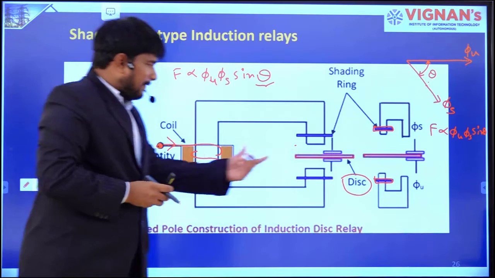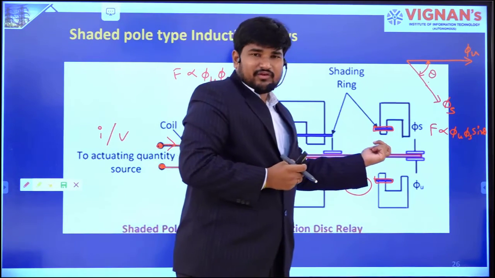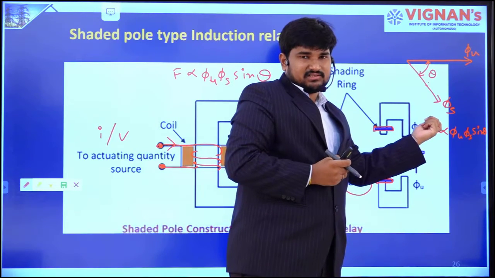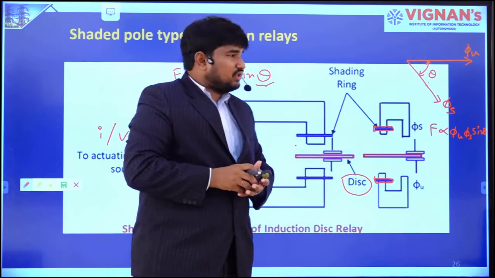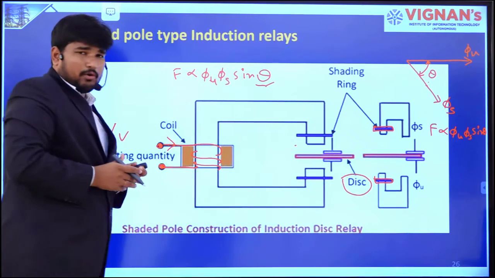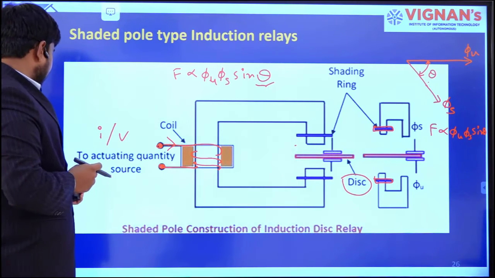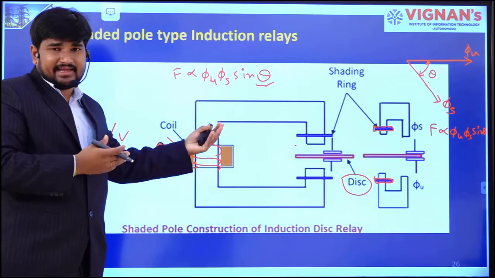So by placing a shaded ring, we have obtained a lag in the flux. Why this is, we have observed in previous classes, right? So this is about shaded pole type induction relays. The working is similar, that's why I am not explaining again.